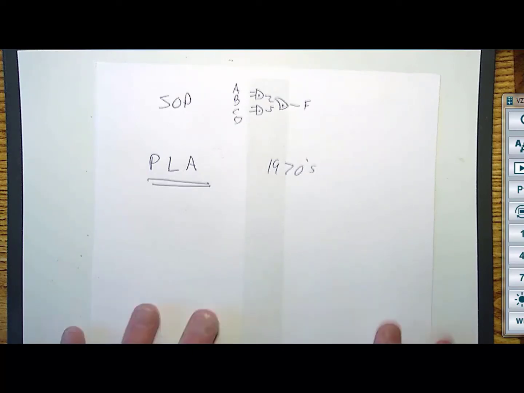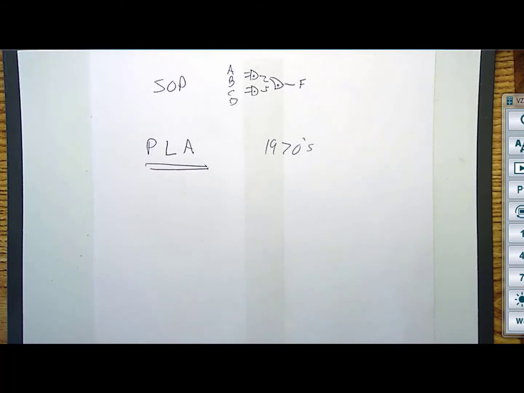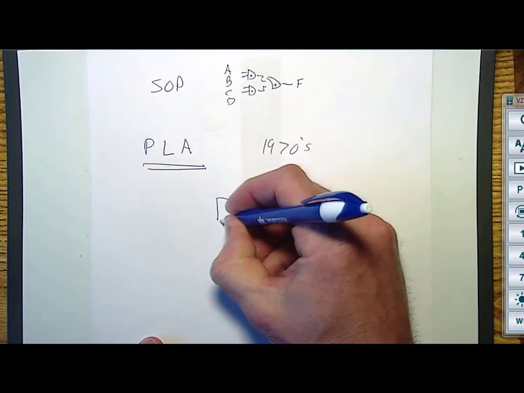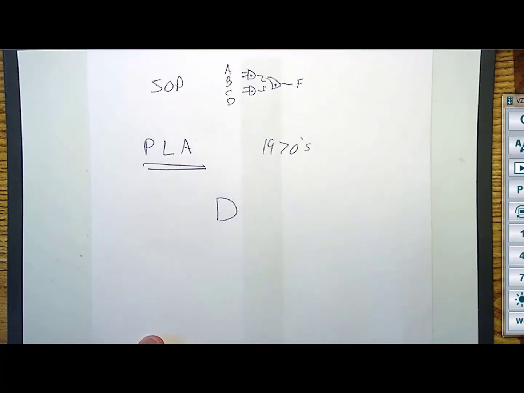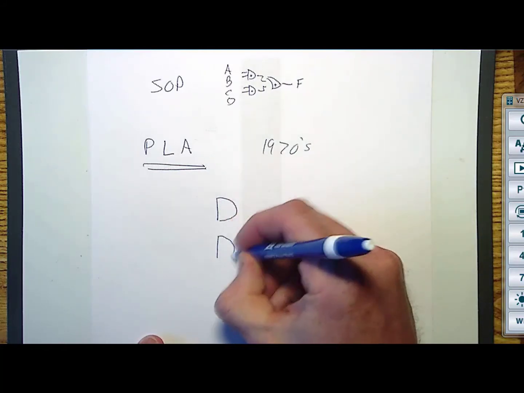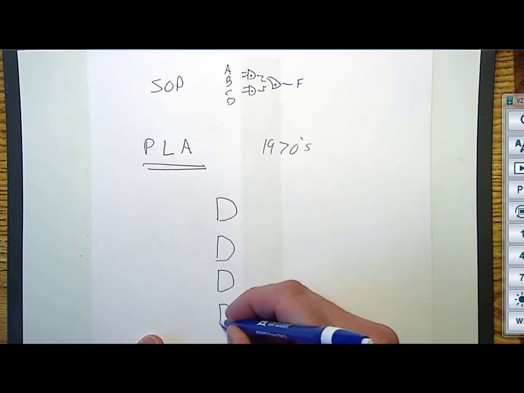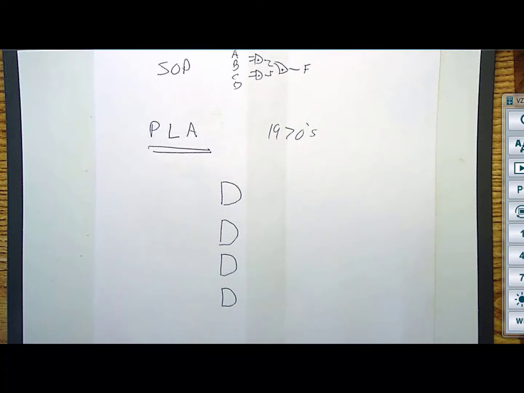So this is a programmable logic array, and the architecture looks like this. They would go onto an integrated circuit and start fabricating AND gates. If you think about a sum of products, you're going to have some inputs.